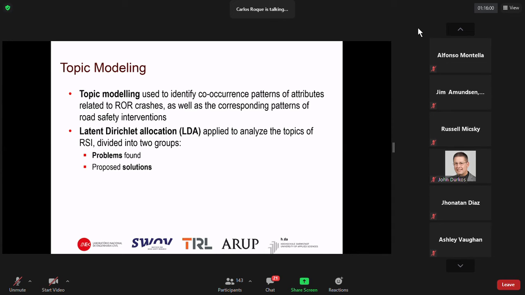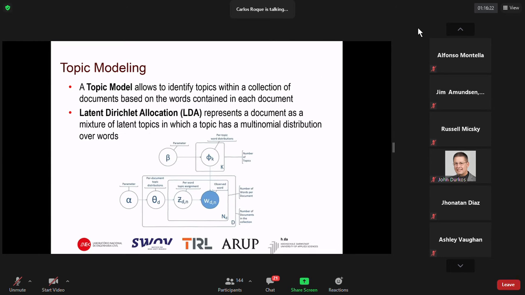This research applies latent Dirichlet allocation, LDA, a common method for fitting a topic model to analyze the topics of the inspections. These topics are divided into 2 groups. One is the problems found, and the other is the proposed solutions. A topic model allows us to identify topics within a collection of documents based on the words contained in each document.